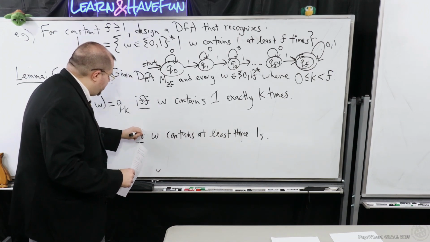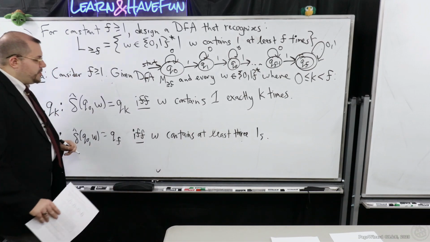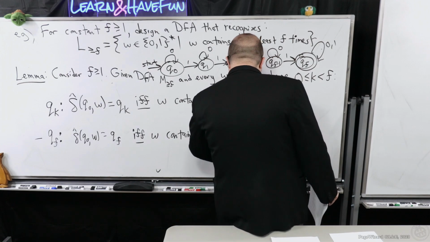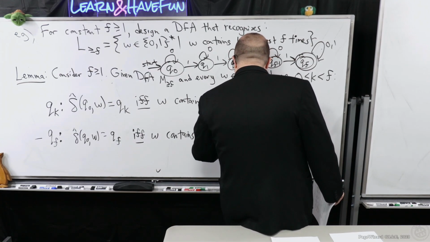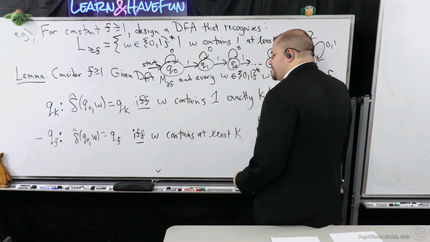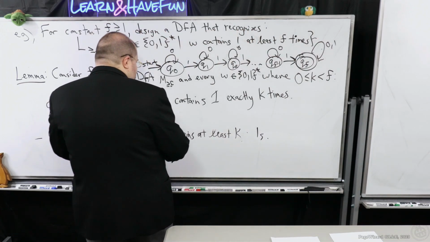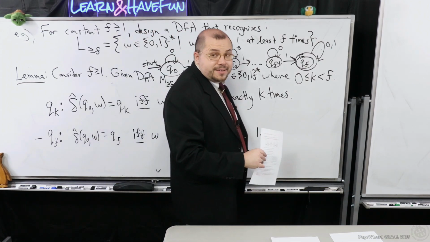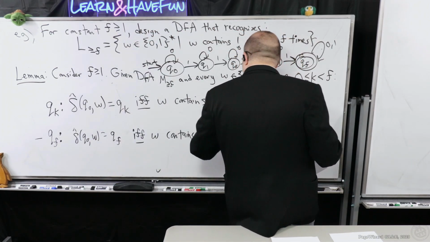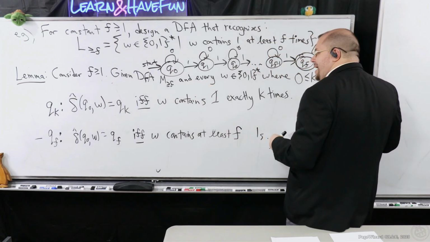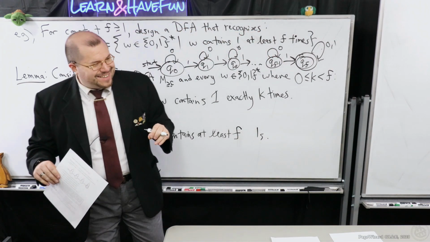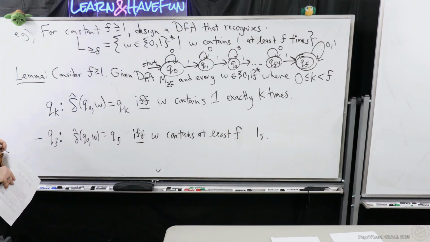If and only if W contains at least, instead of 3, we want this to be K. At least K ones. Or is it K? Is it K or F, guys? It's F, right? You'll notice that the indexing of the states tells you how many ones have been read. If you notice that right away, you're all good. That was by design. So there we go. There's our lemma.